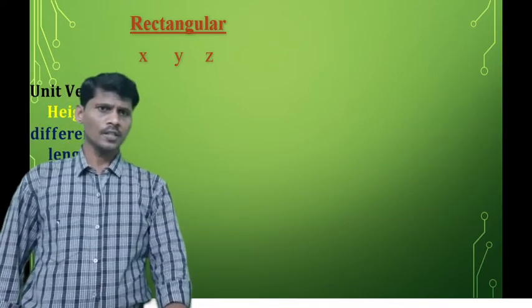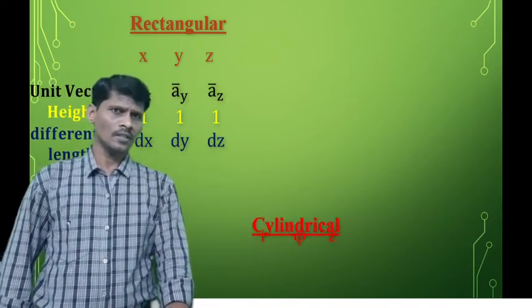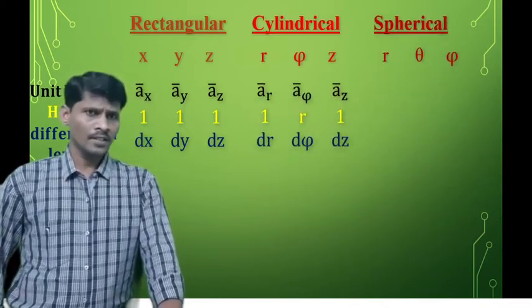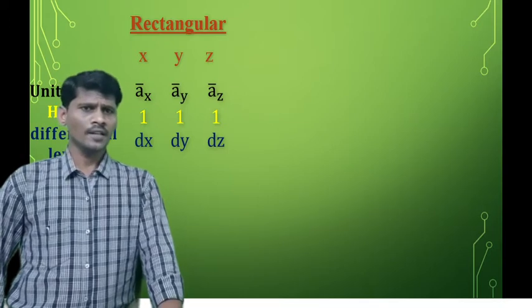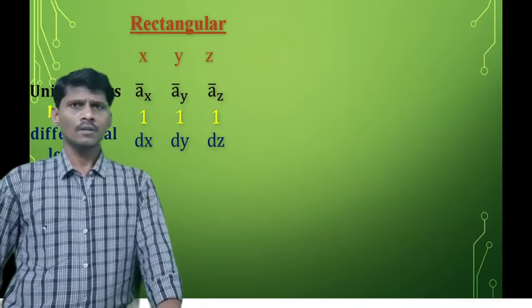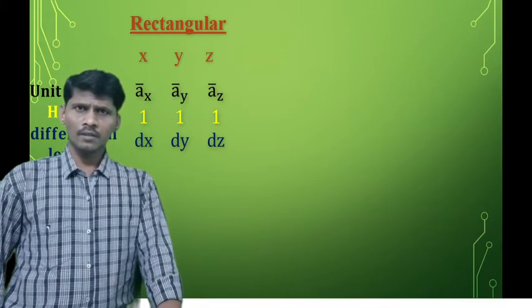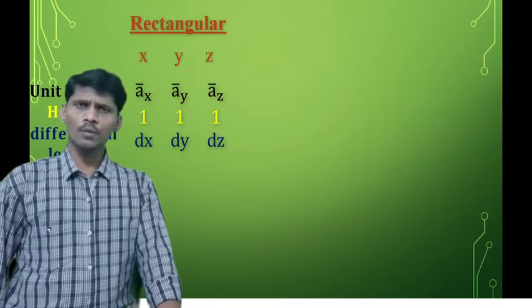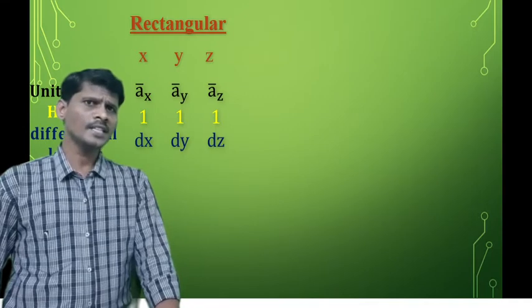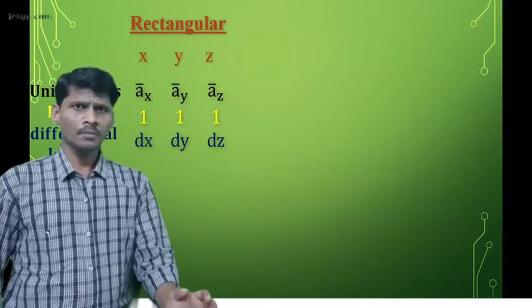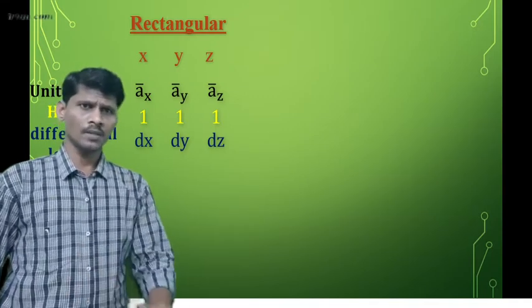In this tabular column, the differential length dl bar, differential volume and differential vector surface area can be easily calculated. You can remember easily in this tabular column.